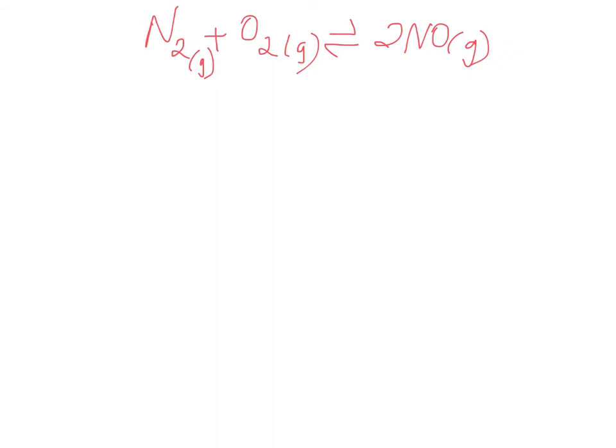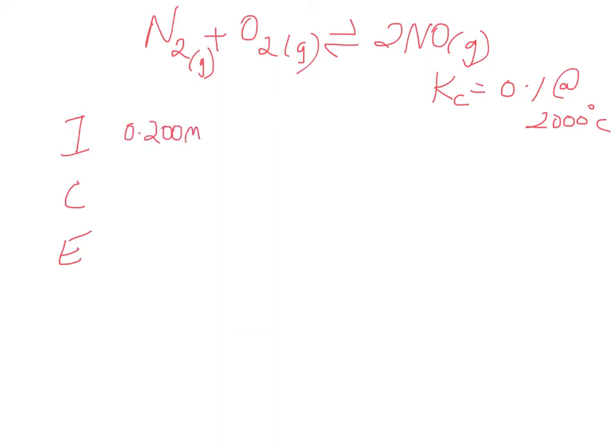The Kc is given to be 0.1 at 2000 degrees Celsius, and the reaction mixture initially contained, so the initial for the I, and by the way, these are called ICE problems, 0.200 for N2, 0.200 for oxygen also, and of course I will have no concentration of the product in the beginning.